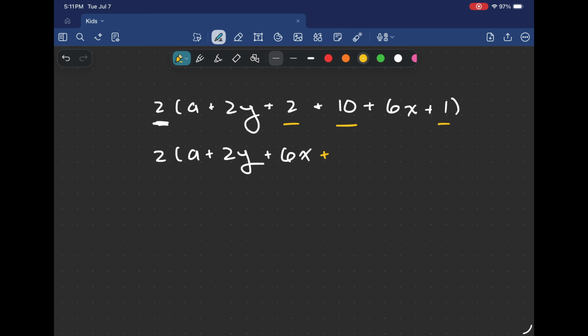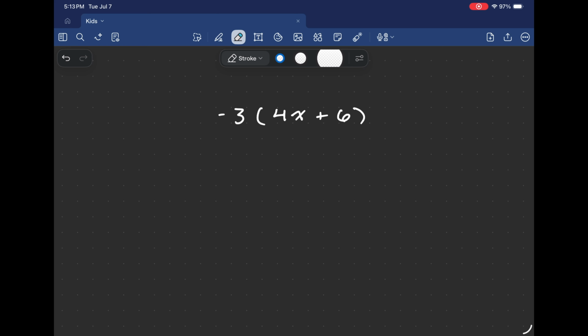So we would add 13. Then we would close the parentheses off, and now we have to use the distributive property to finish. Notice that there are no more like terms in these parentheses, so we can't add anything else together. So now we have 2a plus 4y plus 12x plus 2 times 13 is 26. And that's the answer.